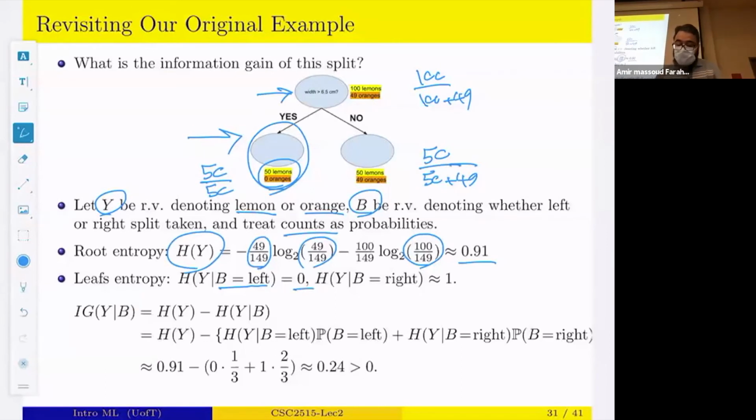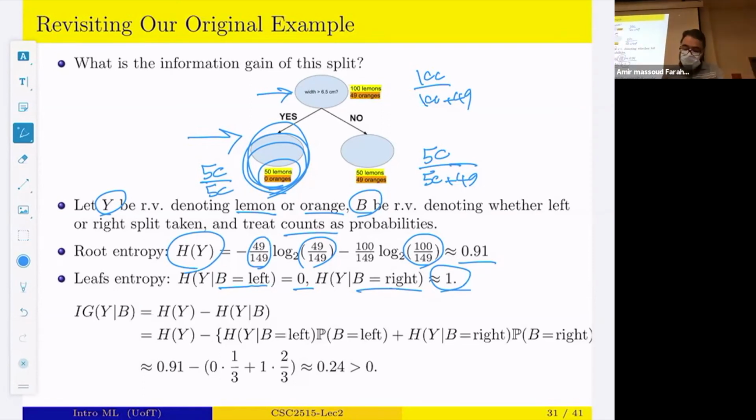Because in this case there is no uncertainty about the random variable. It is always lemon. But in the other case, when we go right, the entropy would be close to 1 because 50 and 49 are almost equal probabilities.